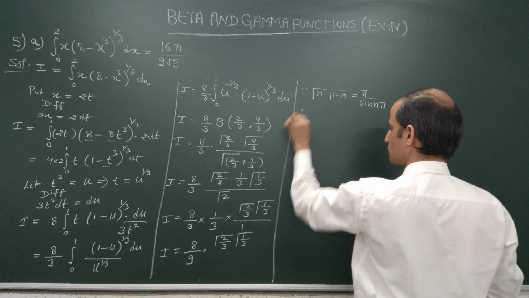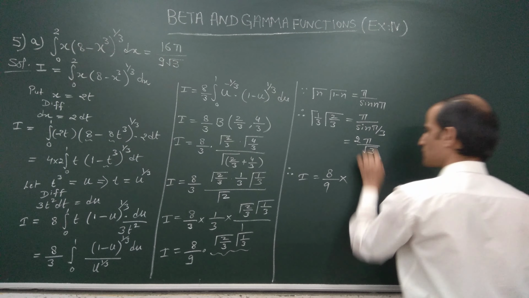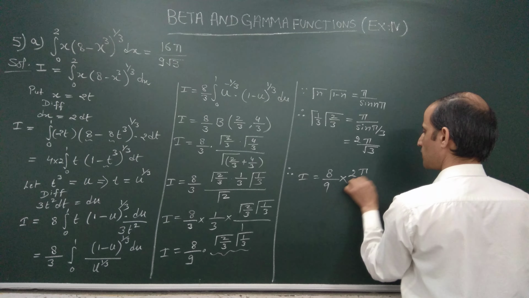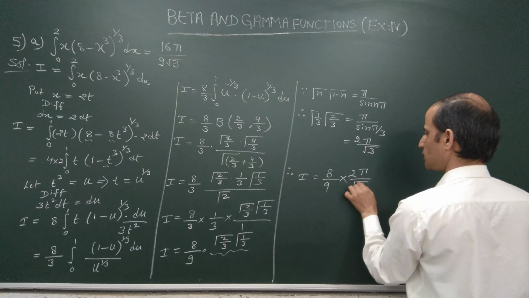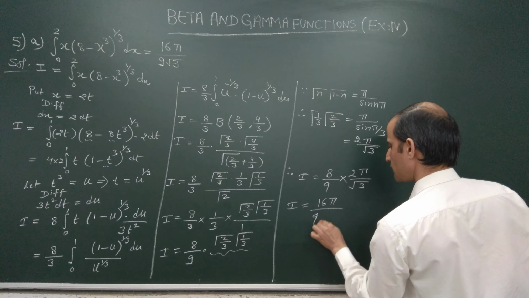So this becomes sin 60 degree, root 3 upon 2. So integral I becomes 8 upon 9 into, this value is 2 pi upon root 3. On simplification we get 16 pi upon 9 root 3.